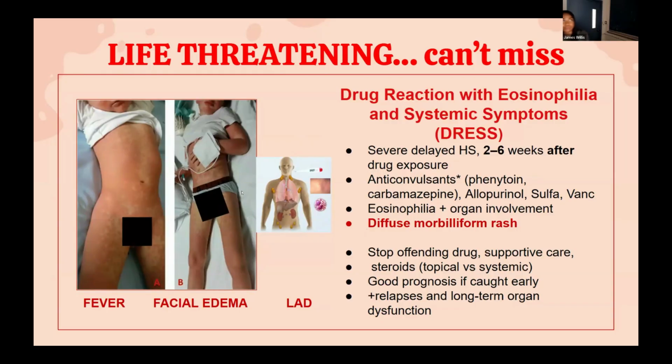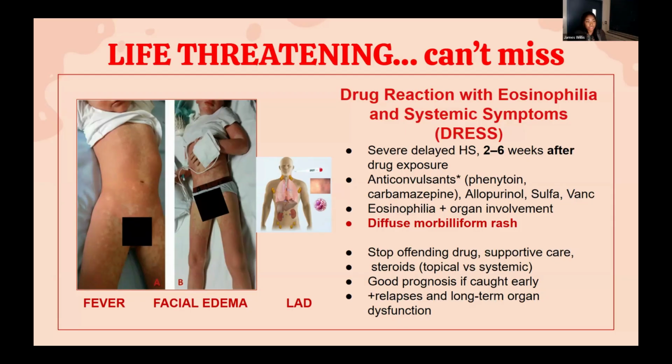It's believed to be from a combination of hyperimmune response, so T cells, cytokines, eosinophilia, all kind of having a party. The anticonvulsants implicated here would be your aromatic anticonvulsants, like phenytoin, carbamazepine, and then you have allopurinol, your sulfur drugs like Bactrim, Vanc.